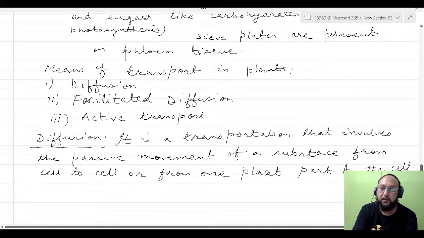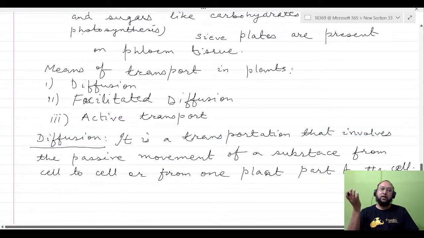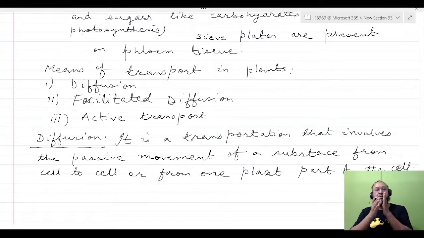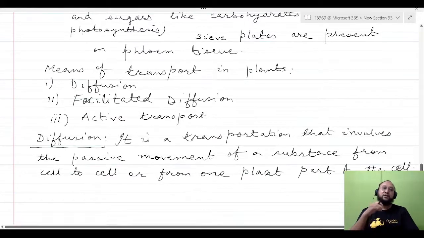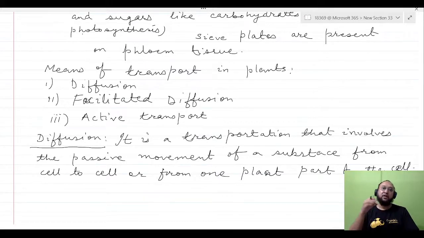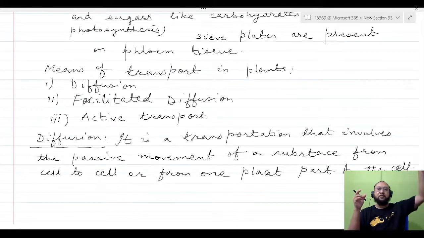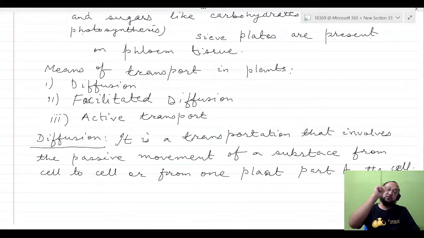Diffusion is normally, like I have told you in osmosis, where molecules move from higher concentration to lower concentration. In diffusion also, it is the movement of molecules from higher concentration to lower concentration. It occurs from one cell to another. Like the exchange of gases through the minute pores on the surface of the leaves, the stomata.